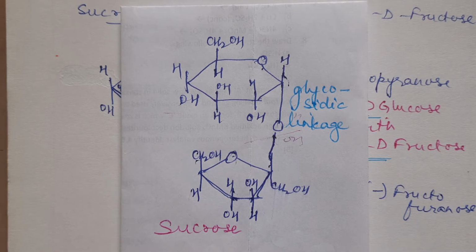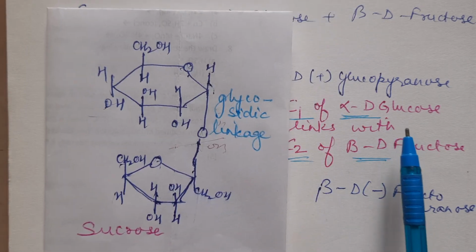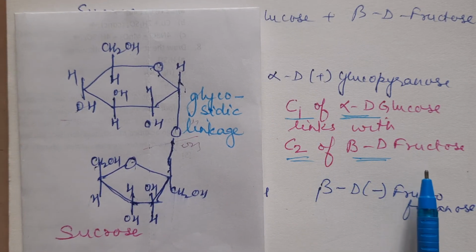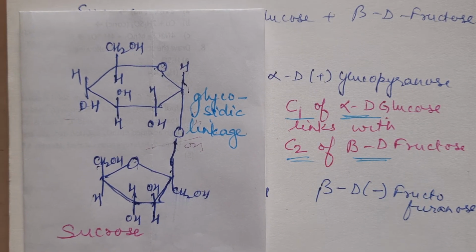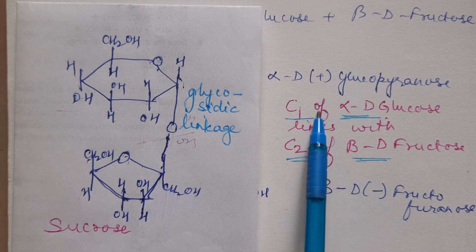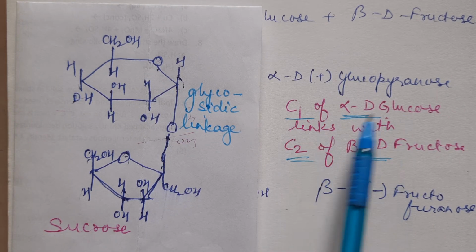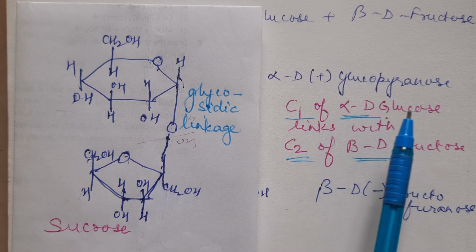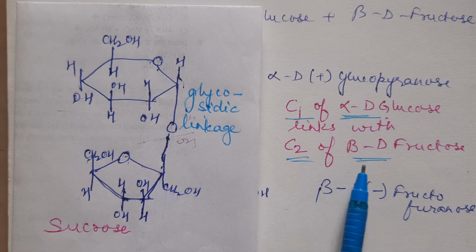In the case of sucrose, it's a linkage between C1 of alpha D glucose and C2 of beta D fructose. Clear? So I have just shown you the complete structure for sucrose. You can pause it and draw. These are the two monomers in it, and the linkage between C1 of alpha D glucose and C2 of beta D fructose is called a glycosidic linkage.